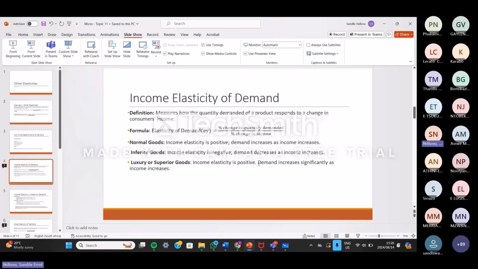And for luxury goods, demand increases significantly as income increases, because as your income increases by a large amount, you'll start spending excessively on cars, clothes, houses, jewelry. That's why they say demand increases by a large margin as income increases, because human beings are like that naturally. They love expensive things.